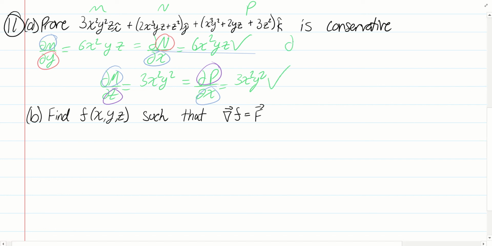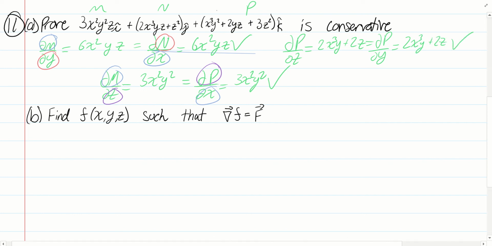And then lastly, partial of p with respect to z, which equals 2x cubed y plus 2z, which equals partial of p with respect to y, which equals 2x cubed y plus 2z. The other term goes to 0, check mark.